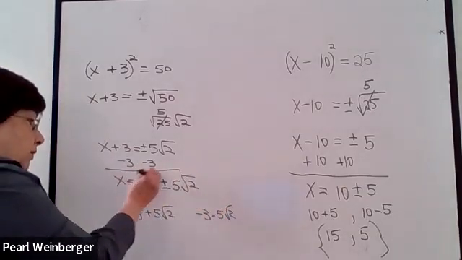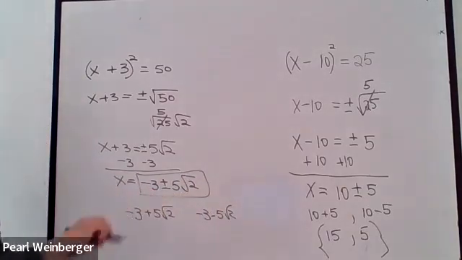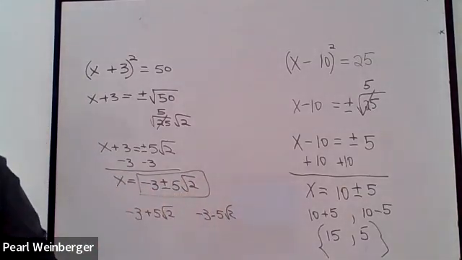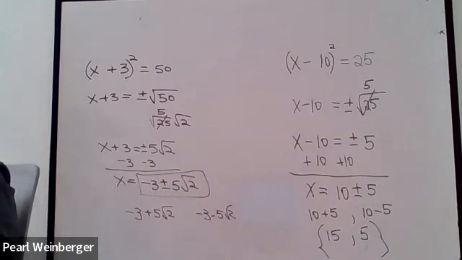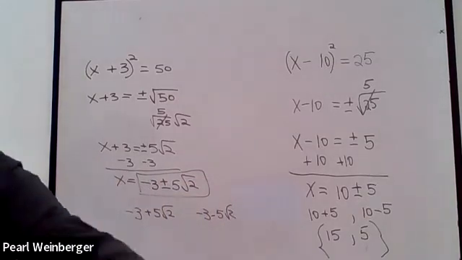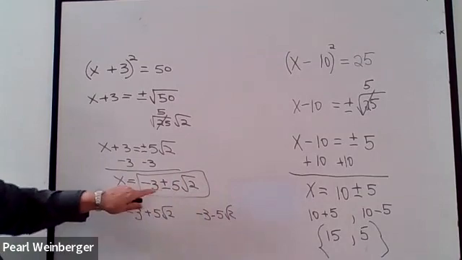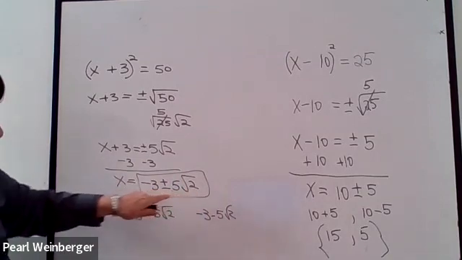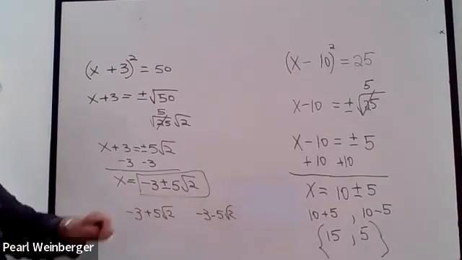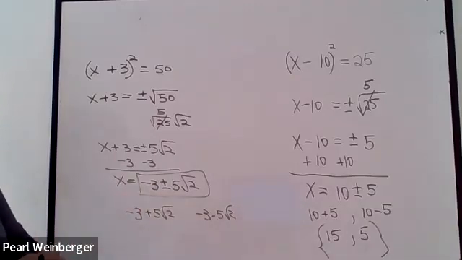Or I could just leave it like this. That would be perfectly all right. But we can't combine these because these are not like radicals. This is a real number, a rational number, that doesn't have any radical next to it. And this is irrational, it has a square root of 2.